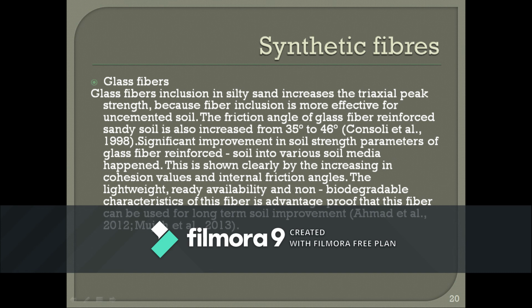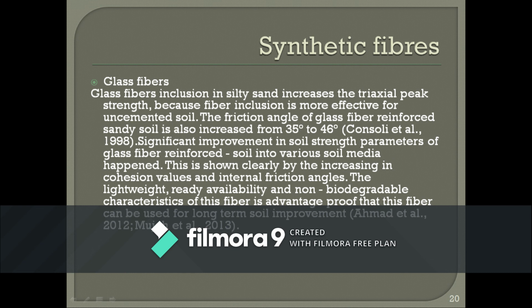So in which type of soils are we using glass fibers more? Mainly in silty sands, and the strength increase because of this usage is more. Triaxial peak strength is increasing. The friction angle of glass fiber reinforced sandy soil is also increased from 35 degrees to 46 degrees.